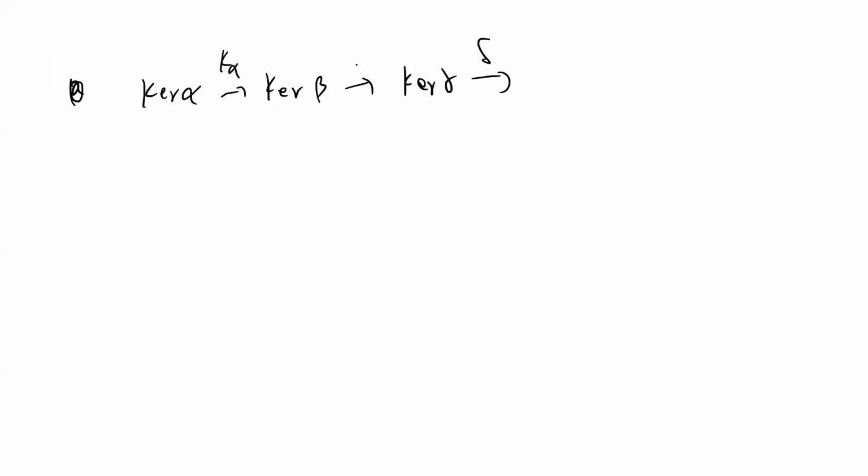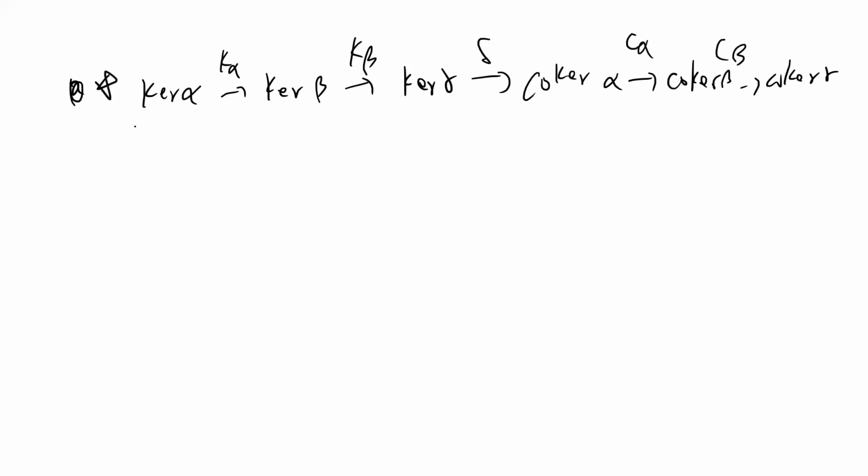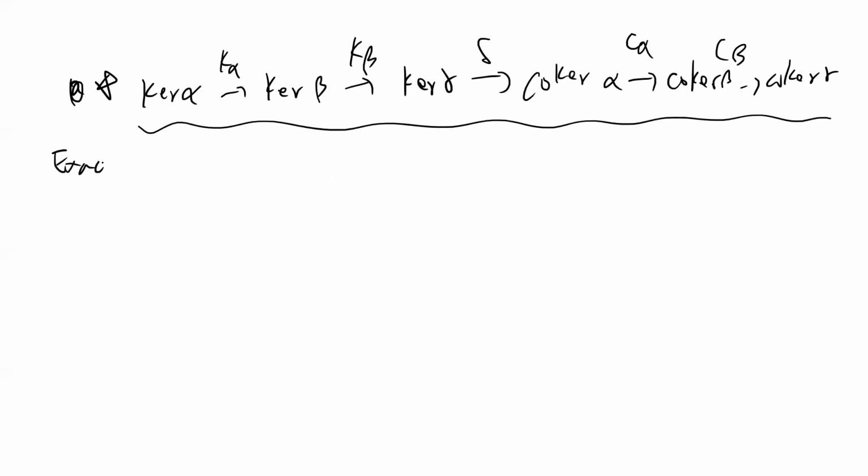Let's call these K alpha, K beta, cokernel alpha, cokernel beta, cokernel gamma, and C alpha, C beta. We already showed that the connecting map is well defined, so we hope to show the exactness. The first step is to show exactness at K alpha.